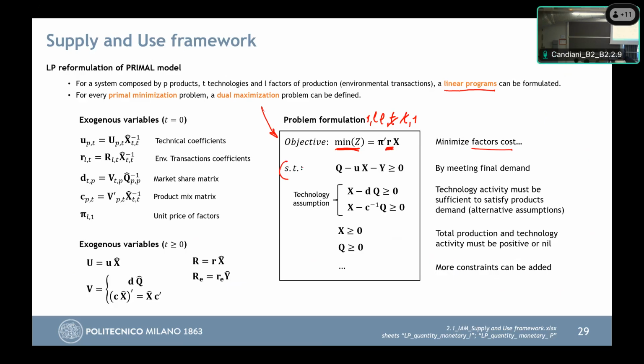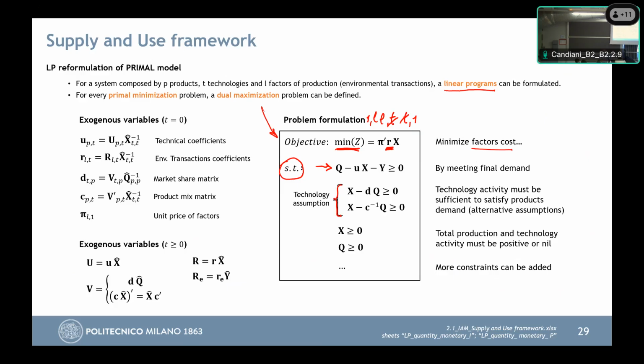Then I have to define a set of structural constraints, and you can see this very clearly, it is the product demand balance. So total demand of products minus intermediate demand minus final demand should be greater or equal to 0. Then we have one of these two technology assumptions. We can select for the system to operate according to an industry-based technology or product-based technology, or a mix of the two.